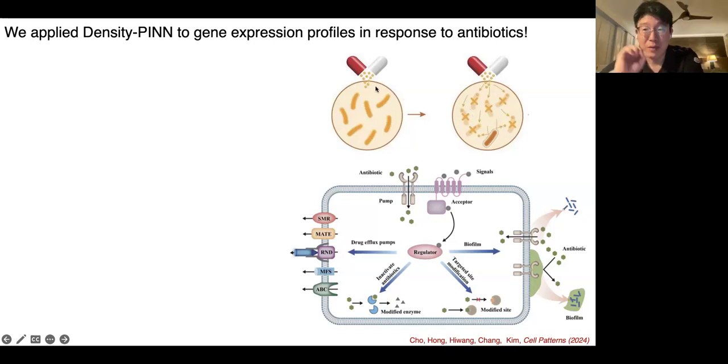If we give the antibiotic to the bacteria, this antibiotic reaches the cell membrane of the bacteria, then it triggers a certain signal, and this signaling triggers various response molecules to kill the bacteria.